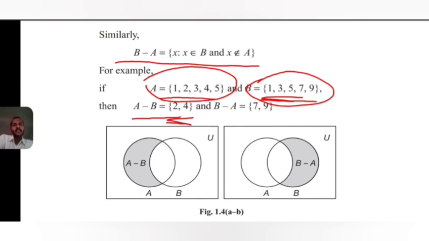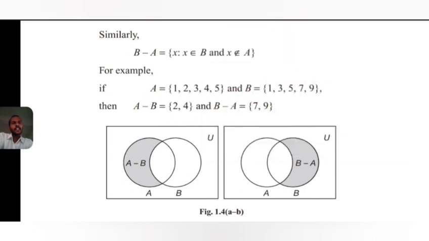And similarly, B difference A, that is the elements belonging to set B but not A. Here we get only 7 and 9. There is no 7 and 9 in set A. Therefore, B difference A is nothing but {7, 9}. See, here the Venn diagram is also there.